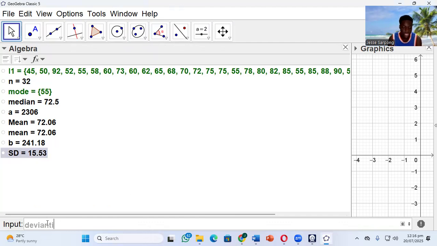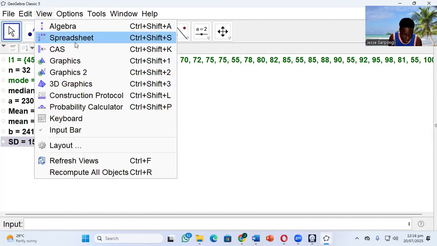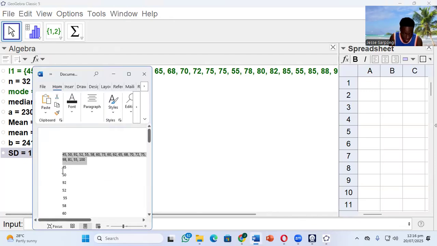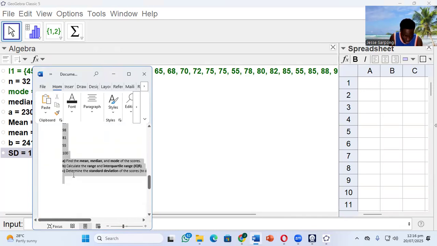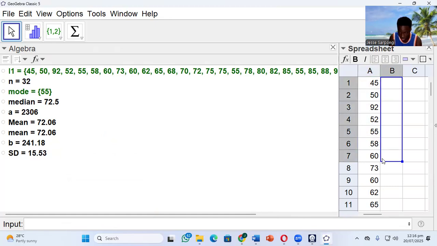Before that, let's confirm if what we have here is correct. We can confirm by going to view and going to spreadsheet. So now I'll copy the list again.